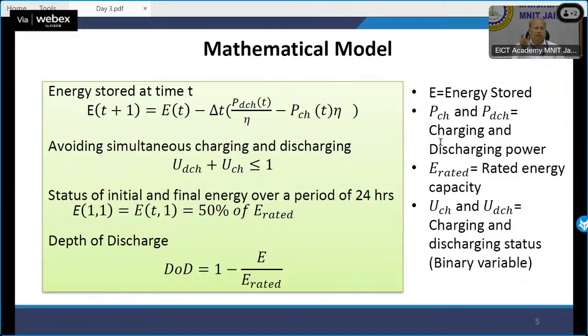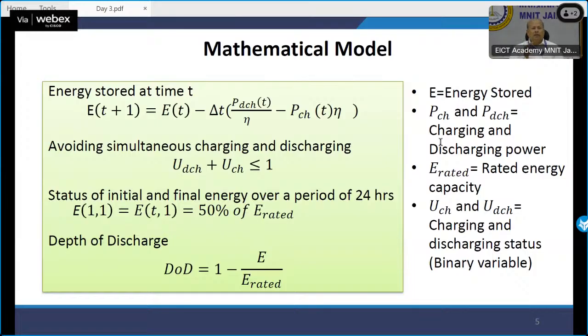That I do not know, right? So I have to predict now. So the energy at t plus 1 hour is the energy which was there before 1 hour, and then minus delta t times PDCH t upon eta. I'll explain all the terms, don't worry.